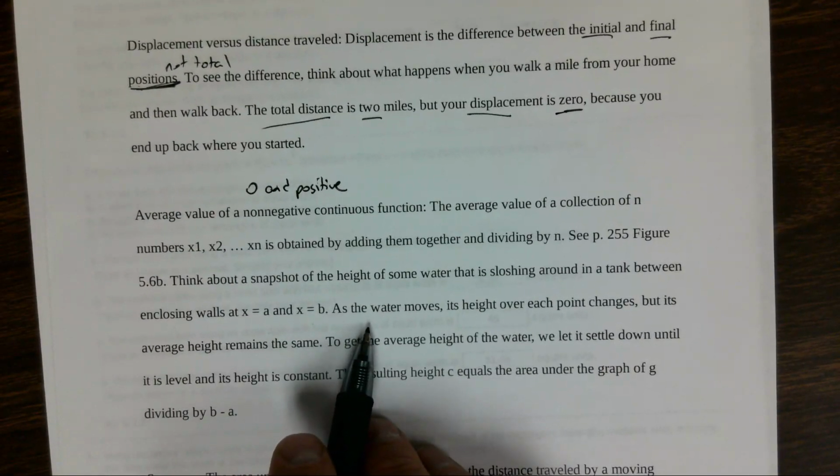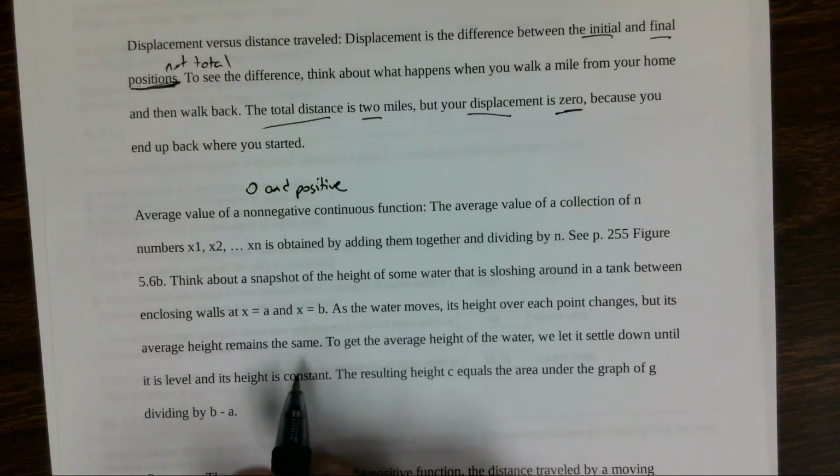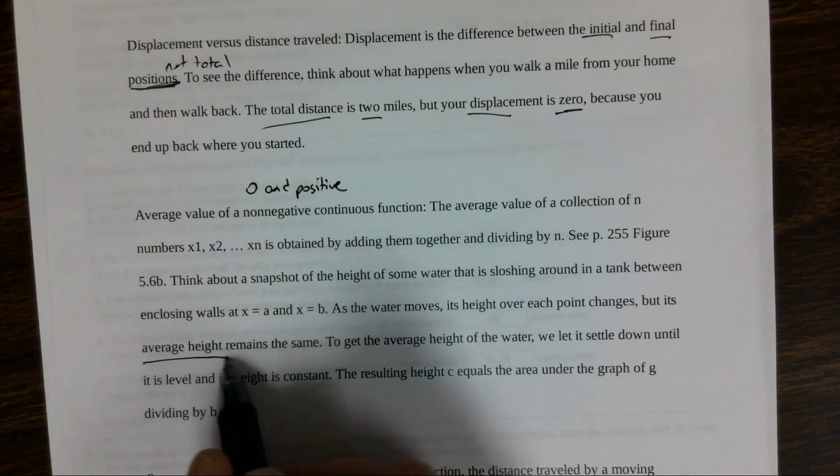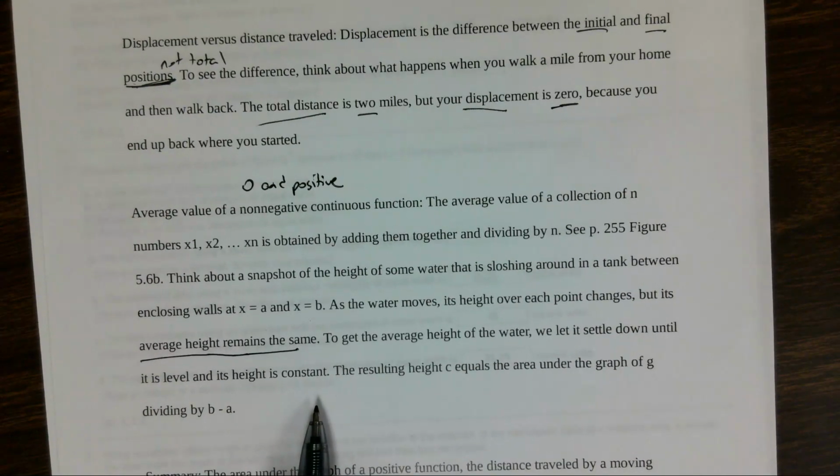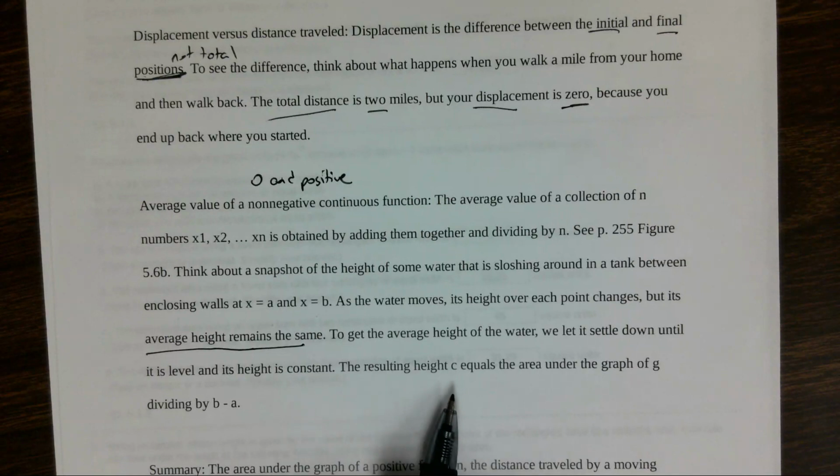As the water moves, the height of each point changes, but the average height remains the same. To get the average height, we settle it down till it's level, and you have a constant height. And the resulting height is the area under the graph. Okay, so let's look at page 255.